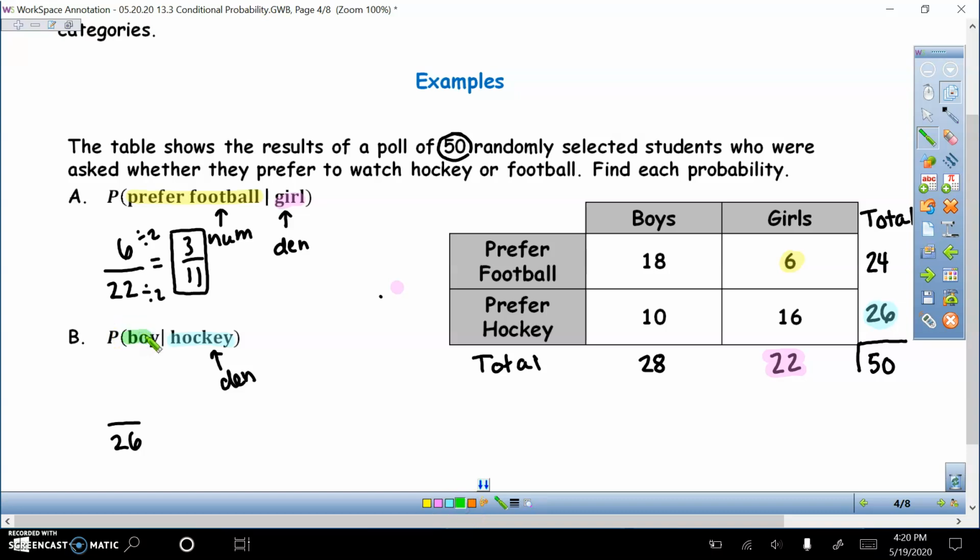I have 10 boys that prefer hockey. So I'm going to have 10 over 26. Again, that 10 is the boys that prefer hockey, that's your numerator, and all the people who prefer hockey is your denominator. All right, perfect, guys. Let's try another one.